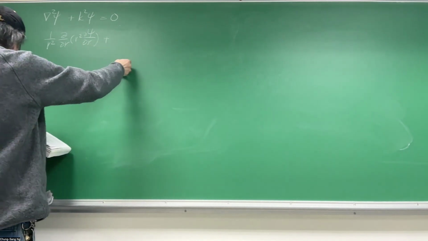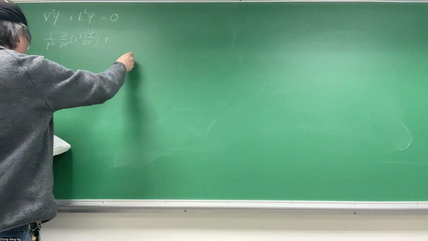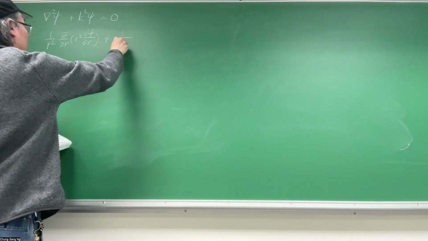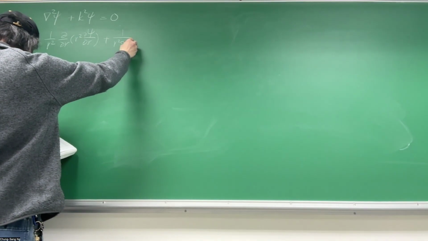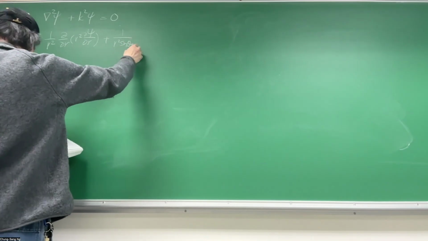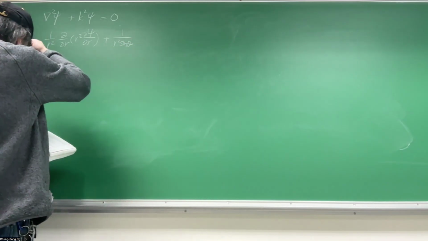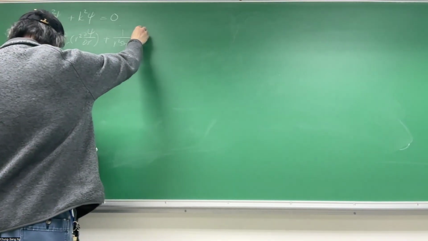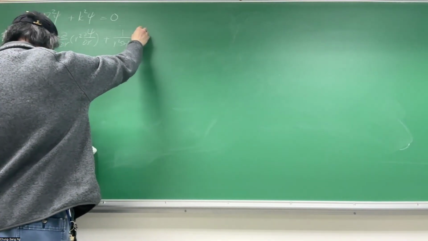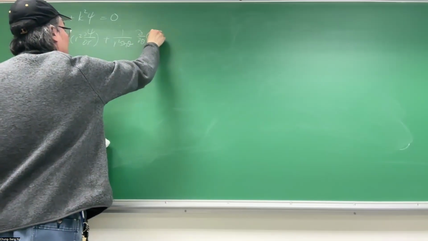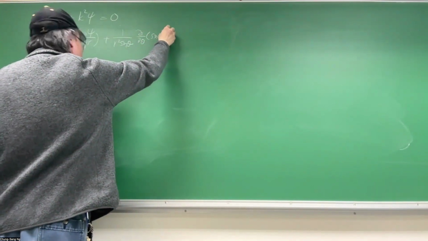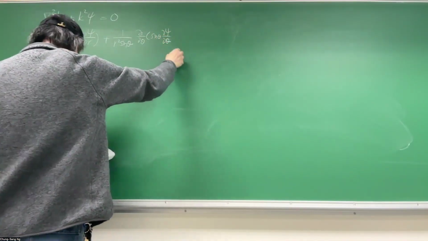The theta part is 1 over r squared sine theta, partial theta, sine theta, partial theta.